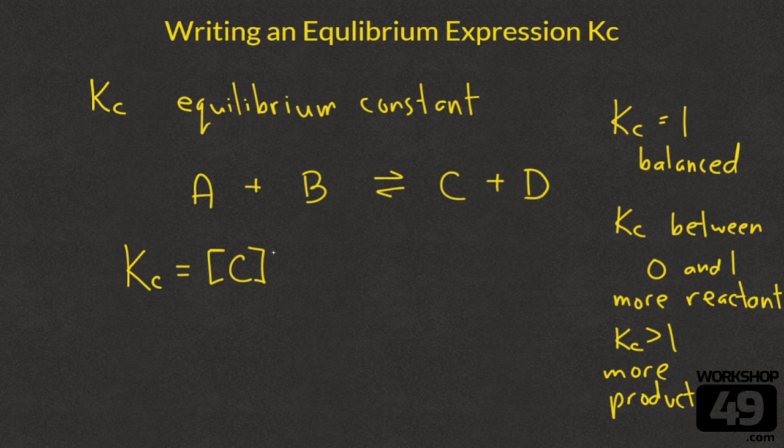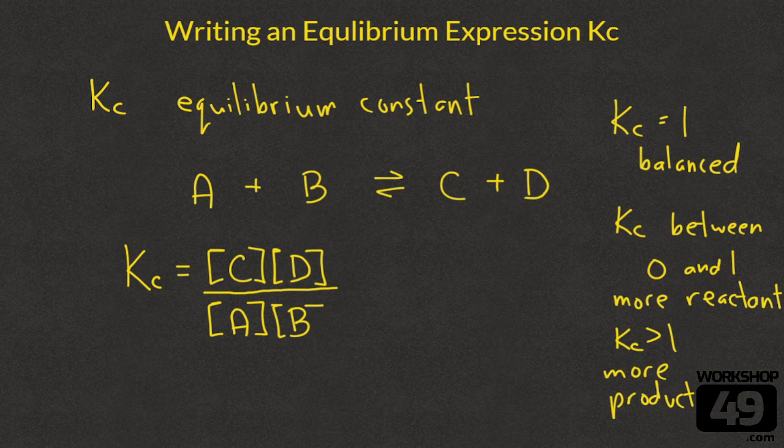We're going to put our products on top. The concentration that we have of C, the concentration of what we have of D, and it's going to be divided by our concentration of A multiplied by our concentration of B.